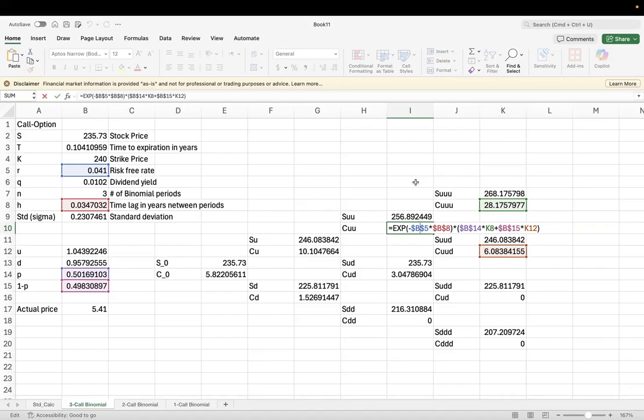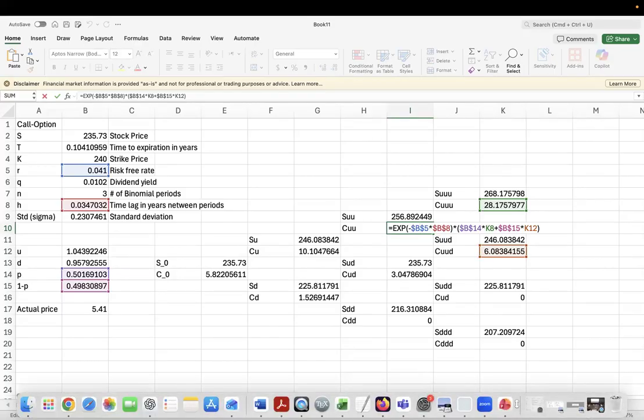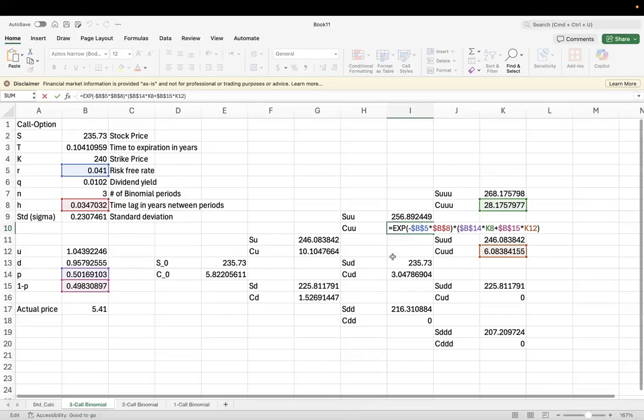So expected value of options here, then times this discount factor. You gotta convert that to present value. So we did that, so we are all good.